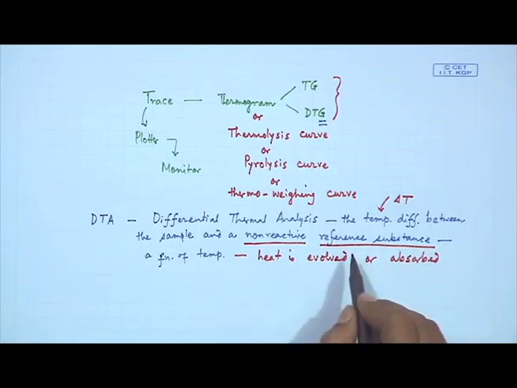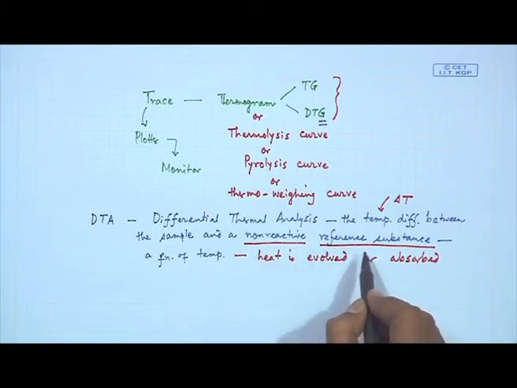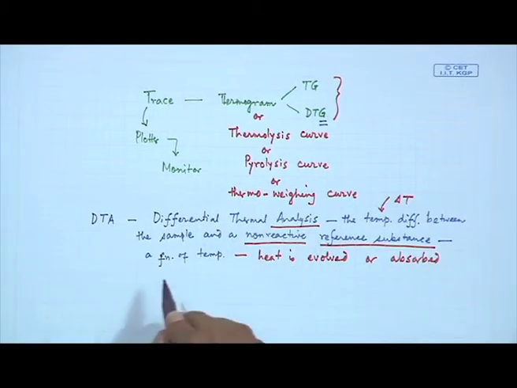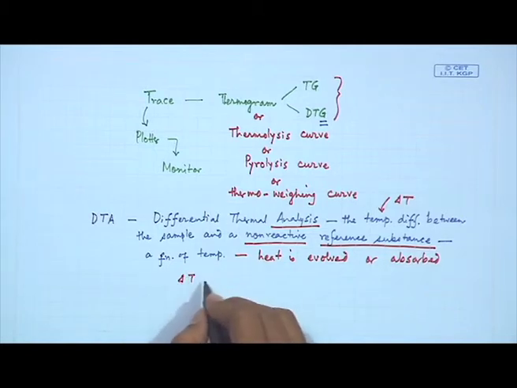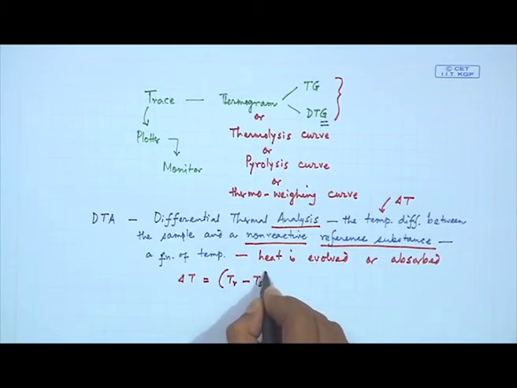So, it will be basically an inert, non-reactive reference material for our DTA analysis or differential thermal analysis, because the analysis is already included in the DTA term. So, what we get from there is the measurement for delta T, where delta T is nothing but the temperature of the reference minus the temperature of the sample.